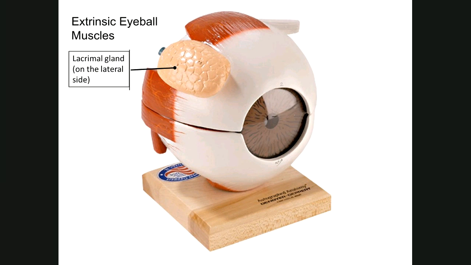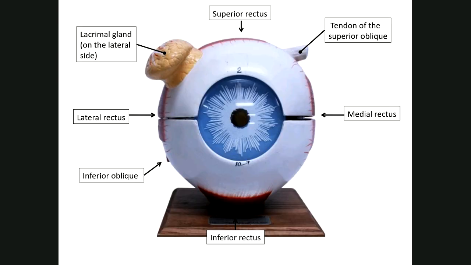That means this is medial, and then this is superior, and this is inferior. And that's how we're going to name those. So there's that lateral gland, the lacrimal gland. So here's the lateral rectus muscle. Rectus means straight. So when you look at it, it's a straight muscle. And so the opposite side is going to be the medial rectus.